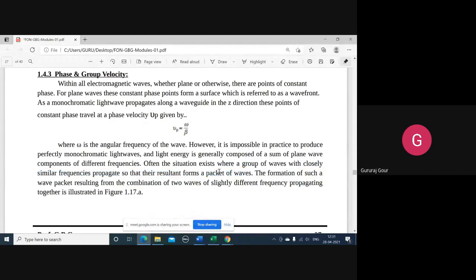What we are trying to resemble here is that we are not leaving our theoretical concept of monochromatic light waves just because it is not possible to generate it practically. So we are making a trade-off, a compromise, between our theoretical monochromatic concept and practical multi-wave components.